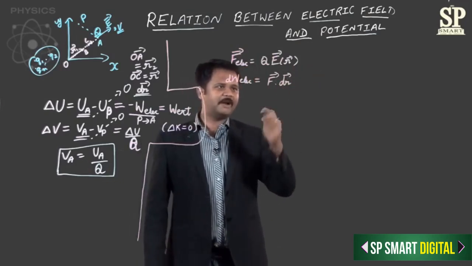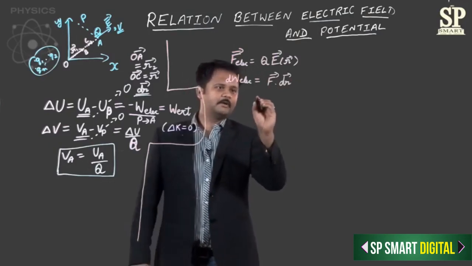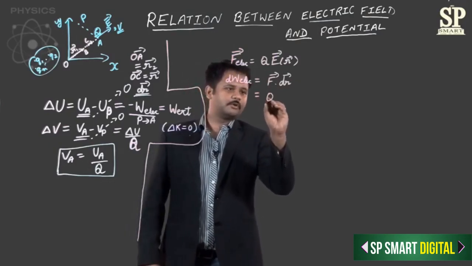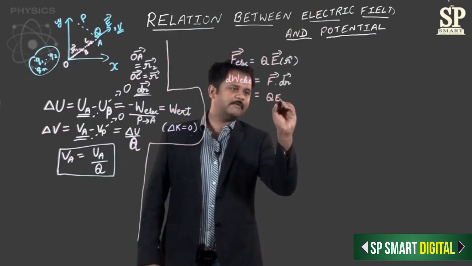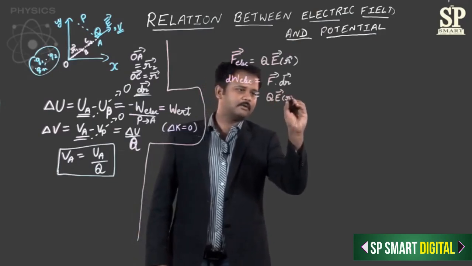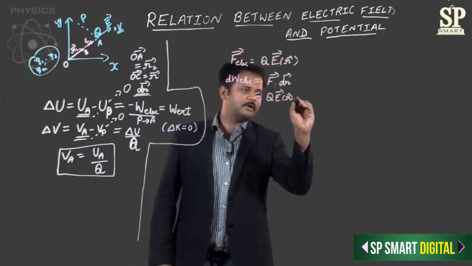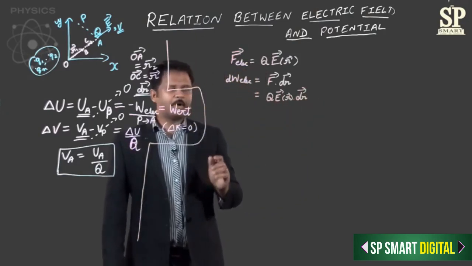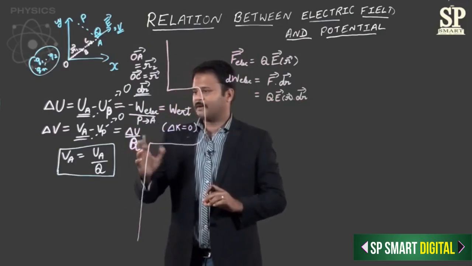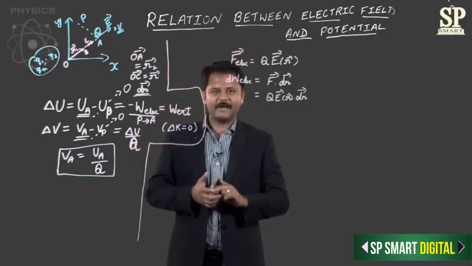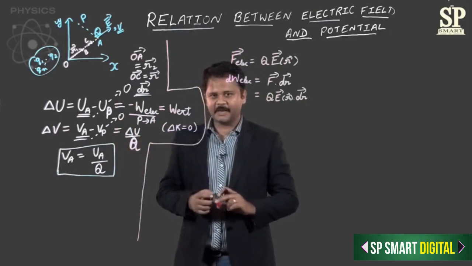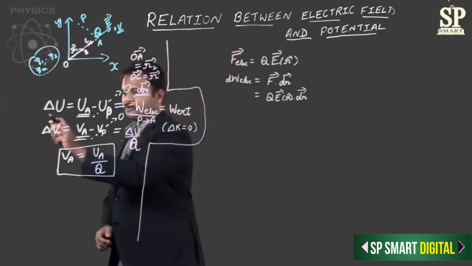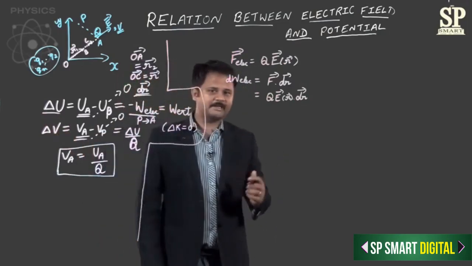So if I expand this equation, I will get Q E, which is a function of R, dot dr vector itself. And what I want right now is to calculate minus work electrostatic, because then I can replace that by the change in potential energy that has happened.